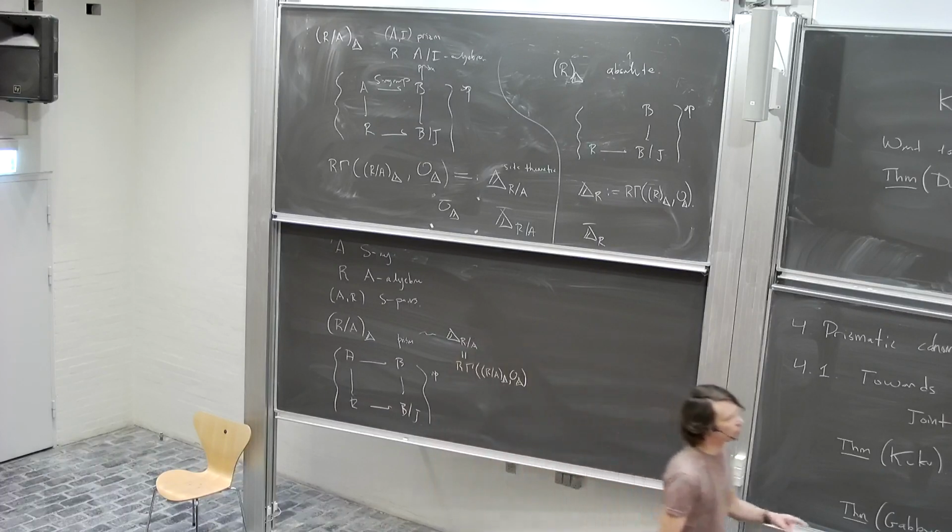And maybe I'll just make a remark here so that we can ignore this completion business a bit. The remark is that Z_p(i) is also quasi-isomorphic to the fiber of can minus phi on the non-complete version of absolute prismatic cohomology.